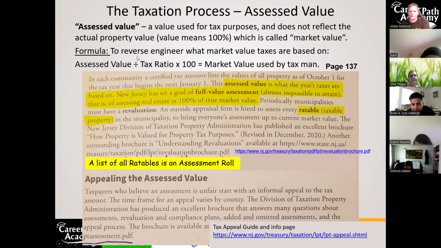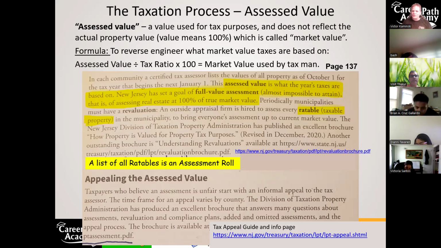Now, the formula to reverse engineer what market value your taxes are based on: the tax man does some math, based on the market value, to calculate an assessed value, and then the taxes are based on that assessed value.